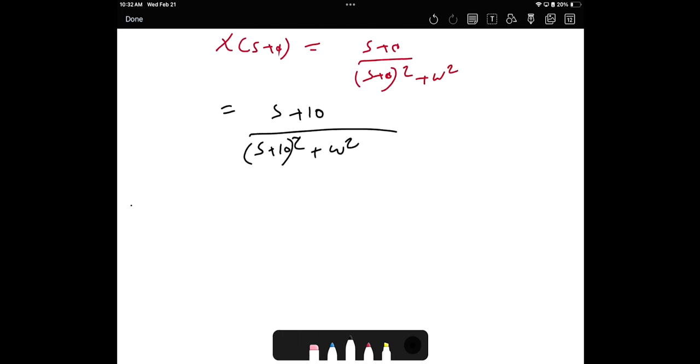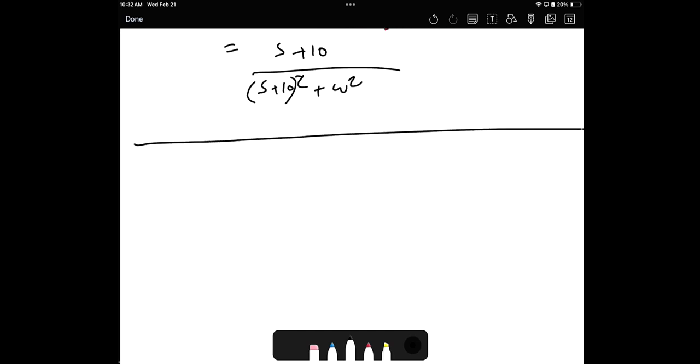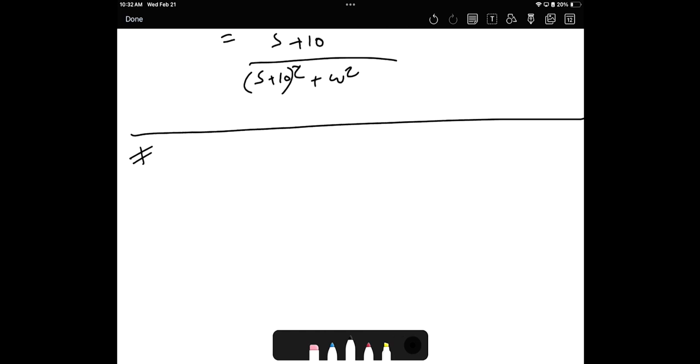Now let's go to another property, about the time differentiation. All of them are in table 3.2, page I think 97, 98. But now we're just going to go through the derivation of this time differentiation.